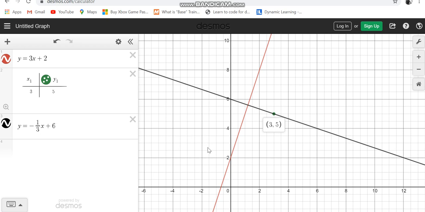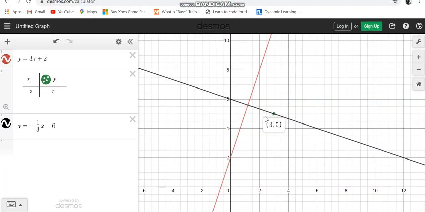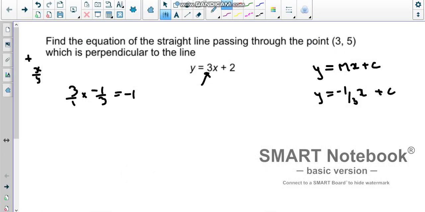Well, we know that the equation for the line is at least y equals minus 1/3 x plus c. What we know is that the point (3, 5), as we can see from this picture here, has to live on the line, has to live on the equation that we decide for this line, which ends up being y equals minus 1/3 x plus 6.